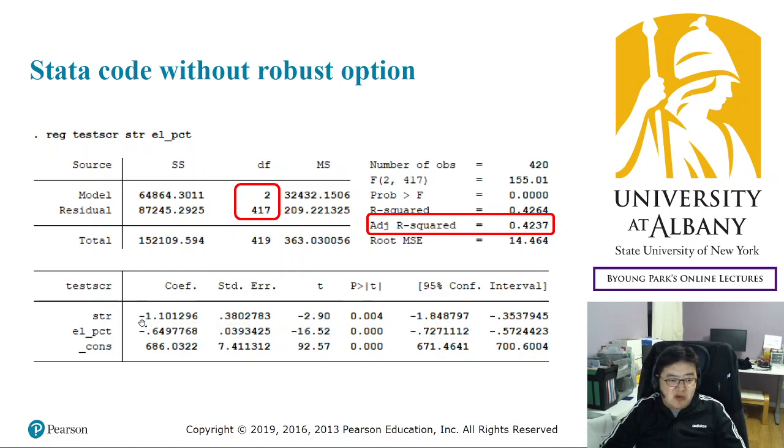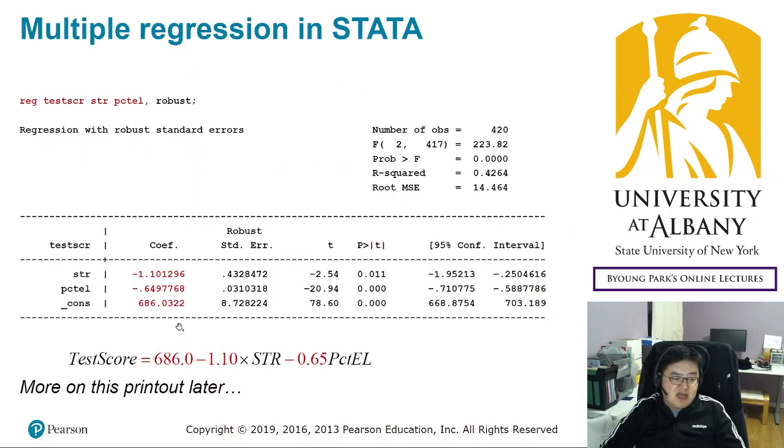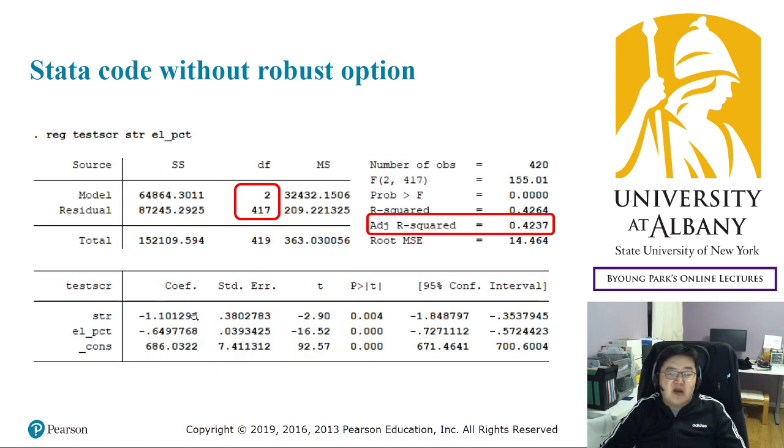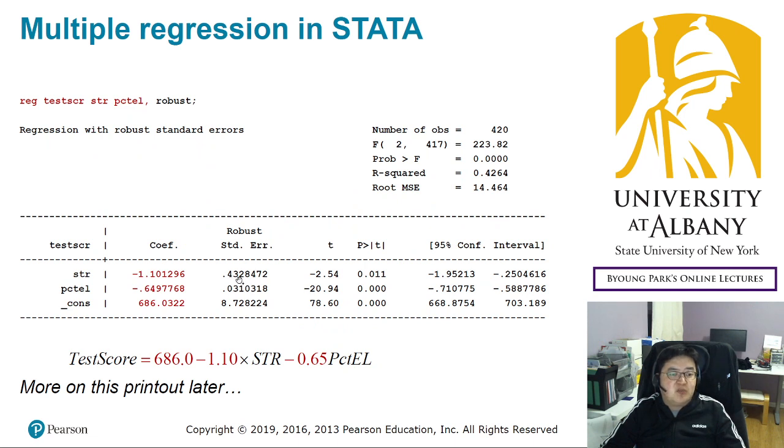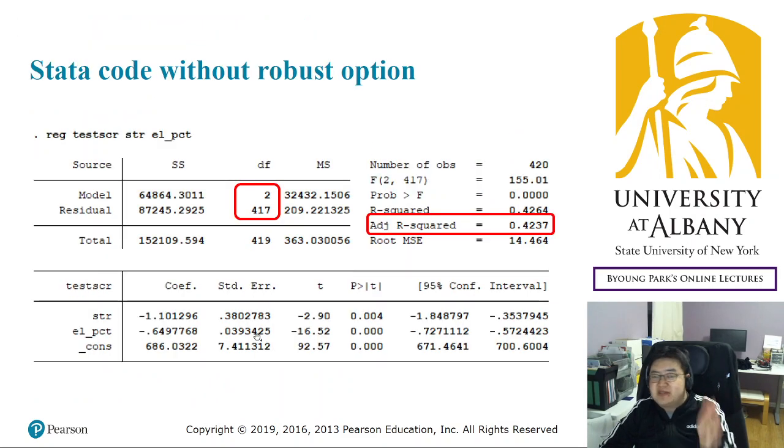Remember, these numbers do not change. Coefficients are exactly the same as these numbers. You can compare. They are the same, but the difference is the standard errors. It is 0.38. Previously, it was 0.43. The robust standard error is correct, but this is wrong.